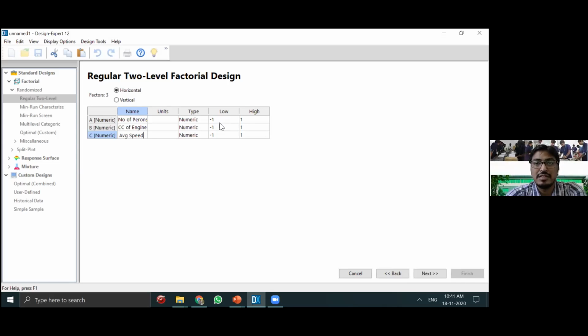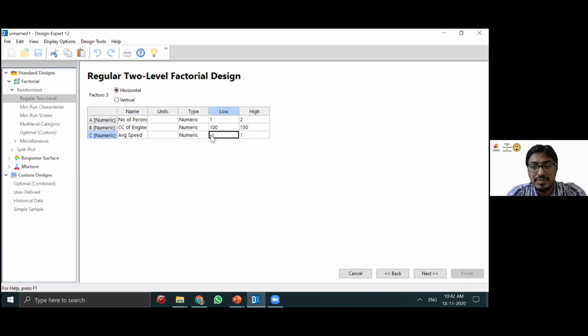So if everyone has done this, now you have mentioned the factors. Now we have to mention the levels. As I told you, 2 levels. We are looking at only 2 levels. So for number of persons, the first one was 1 and the higher level was 2. For CC of engine, the first one was 100 and the second one is 150.